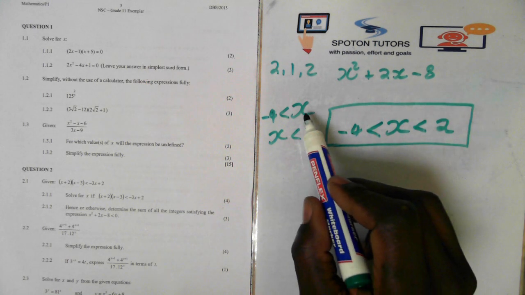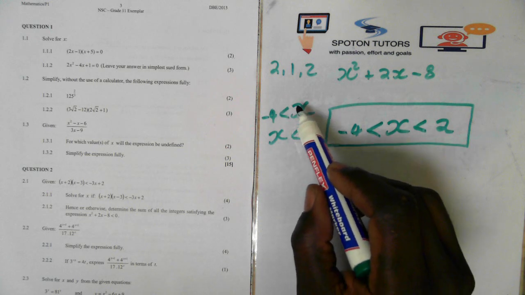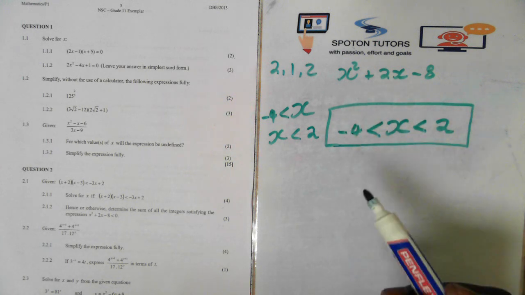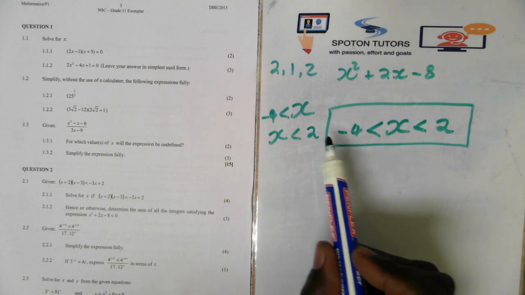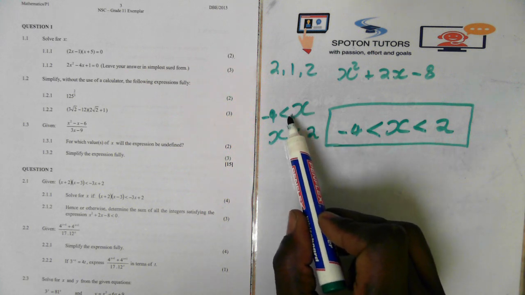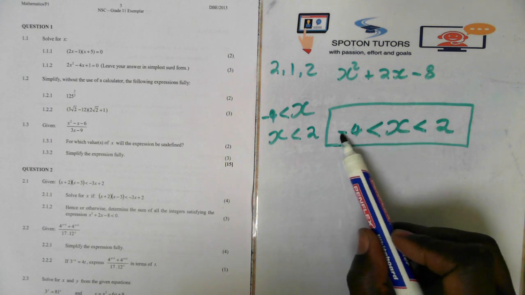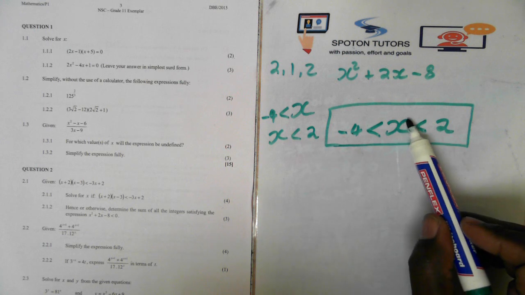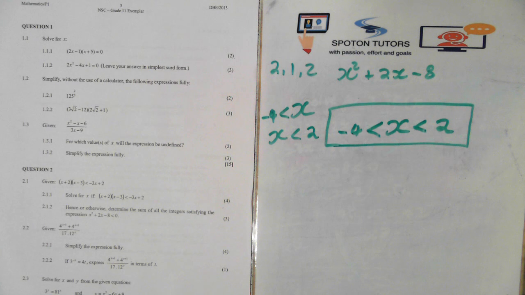What they mean is: whatever you came up with above that satisfied your expression, write it as a combined expression now. So x must stay in the middle, greater than negative 4, but the same x less than positive 2. That's what the examiner was expecting of you here.